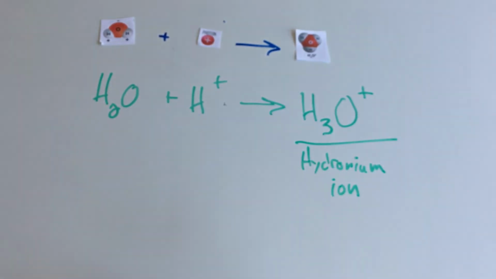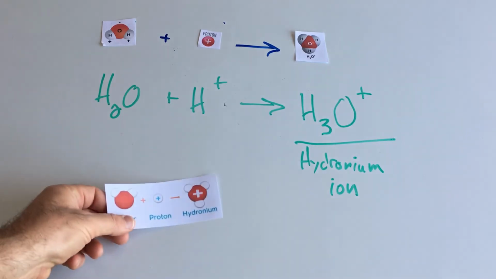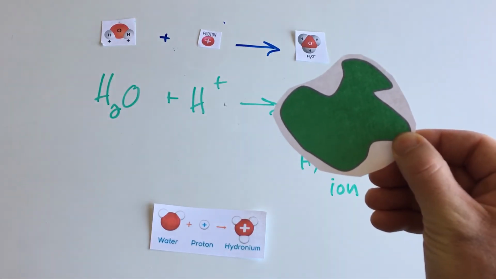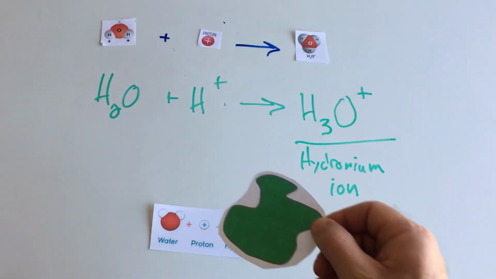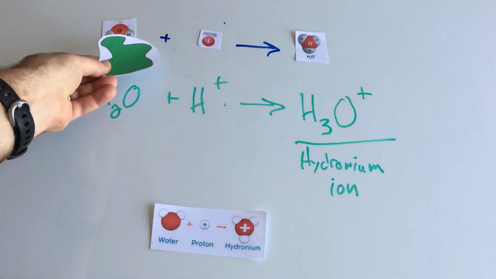So what that means is the way to find out if something is an acid or not is throw it in water. And if it starts donating protons to water, then it's an acid.